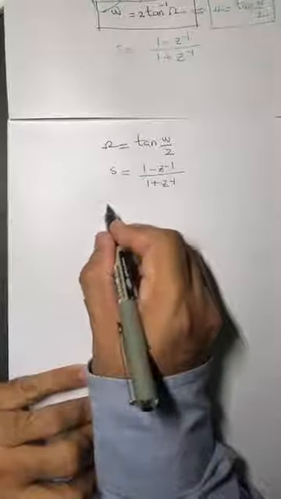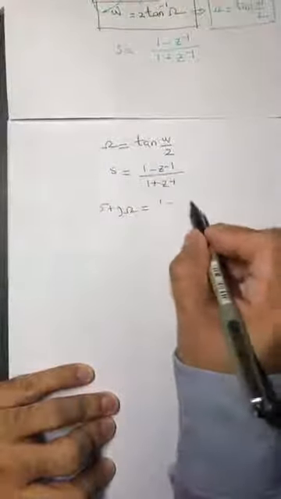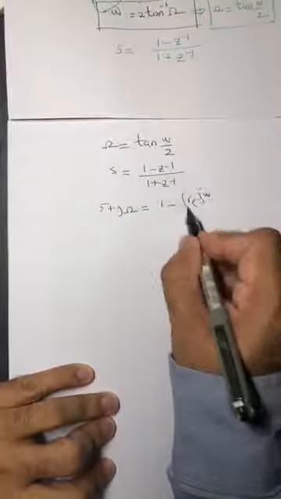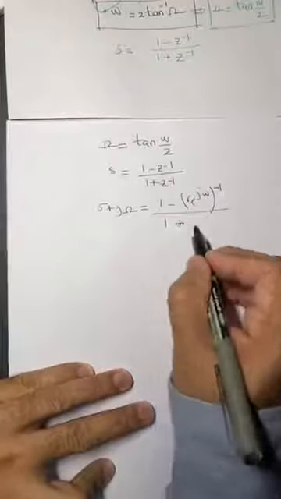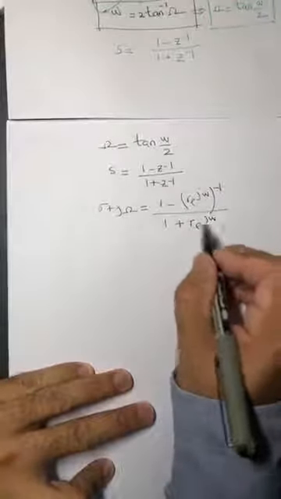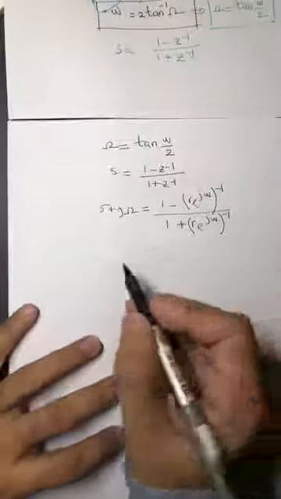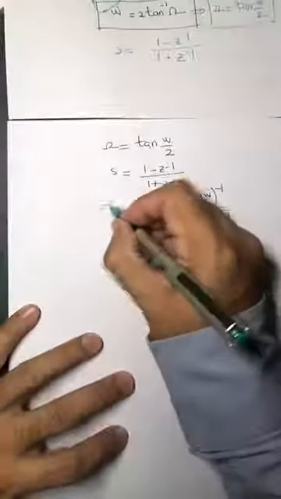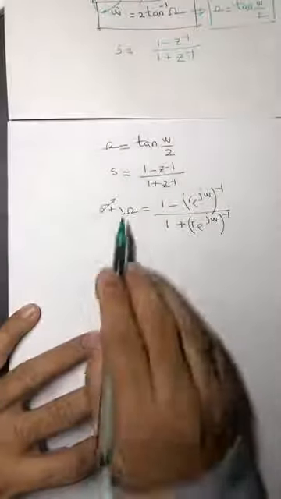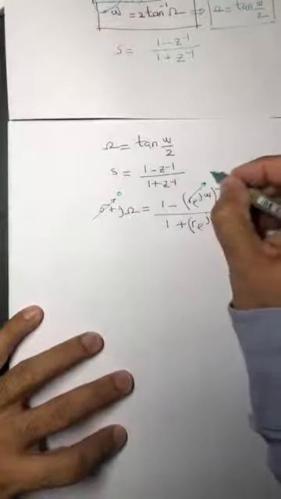S means sigma plus j omega, and Z means R exponential j omega. And we also know, and there is another proof of this also, that for continuous domain, once we go from S to omega, we put sigma equal to 0, and for Z we put R equal to 1.